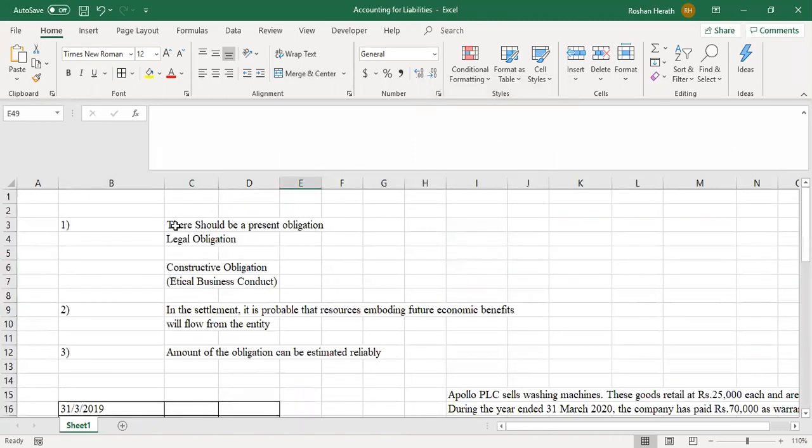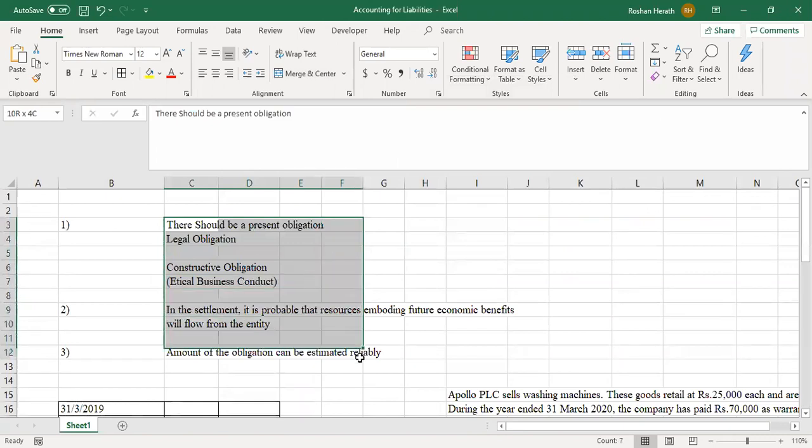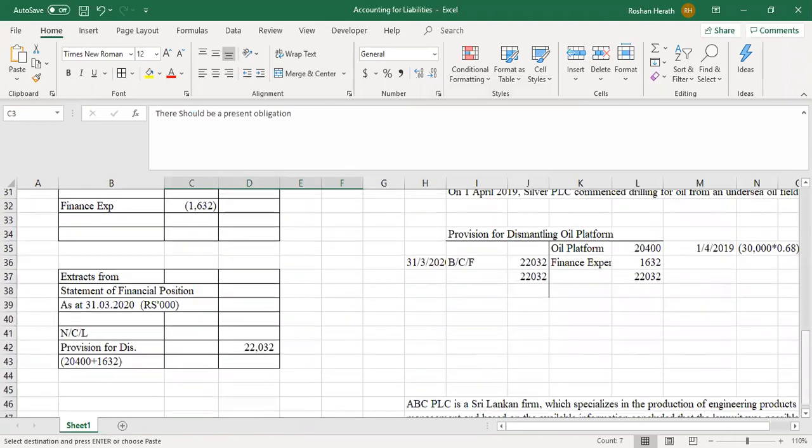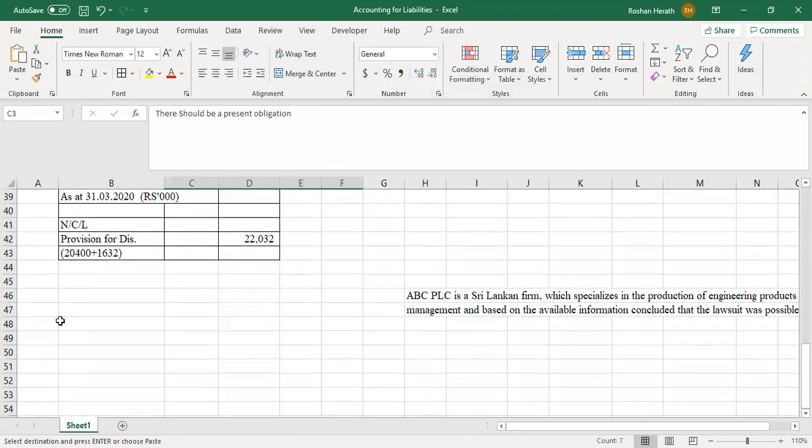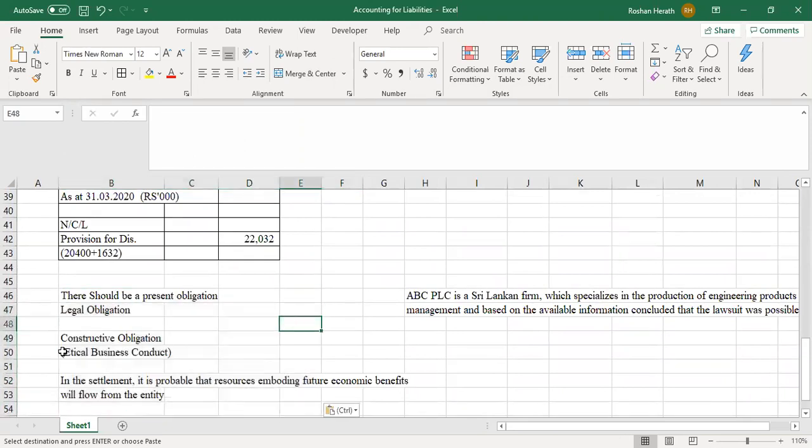So let me take the three criteria that we have taken earlier. Then we'll apply that to the given case and see whether all these three criteria are there. First one, there should be a present obligation. Present obligation can be a legal obligation or constructive obligation, right? Okay.